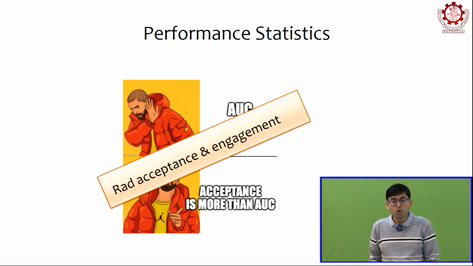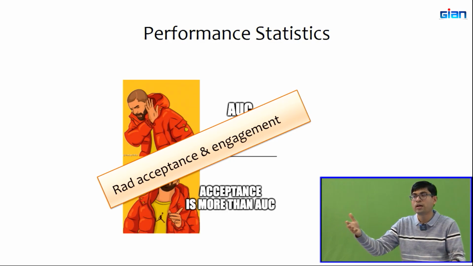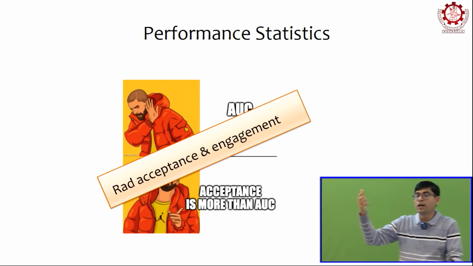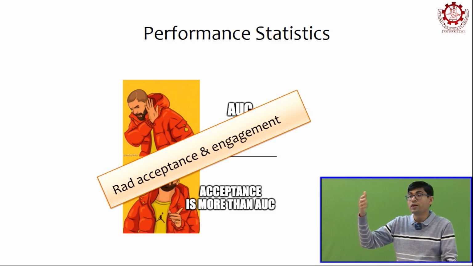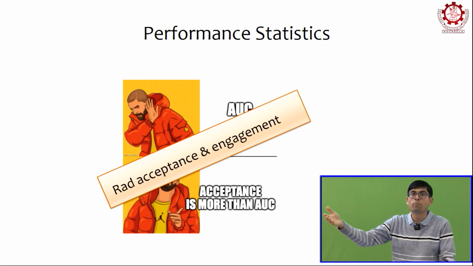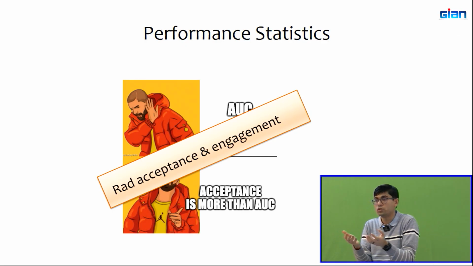For example, let's say you have a model that is 99% accurate, but none of the radiologists are using it, and you have a model that is 95% accurate, and you can tell VCs and funding agencies that already 10 hospitals are using it. You will get more money. The other one won't get money, because you already have buy-in from the radiologists.